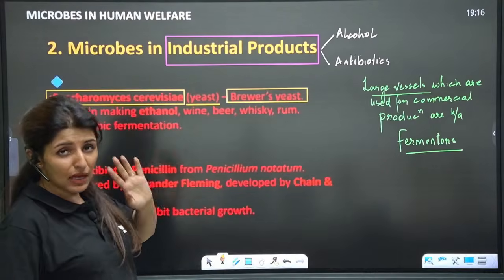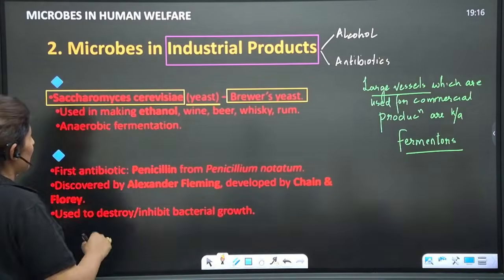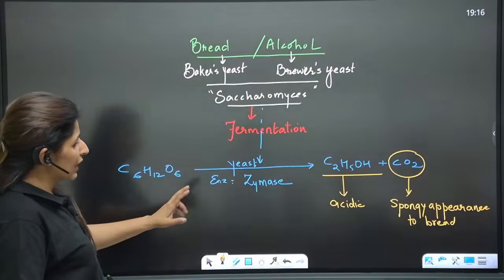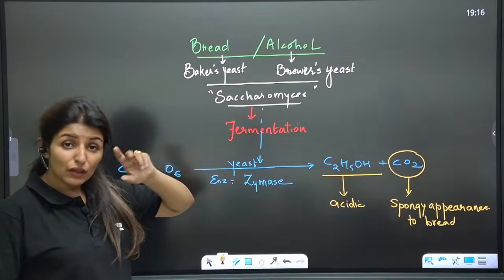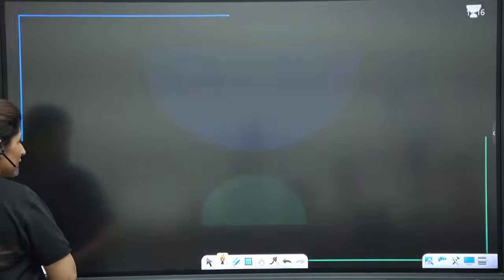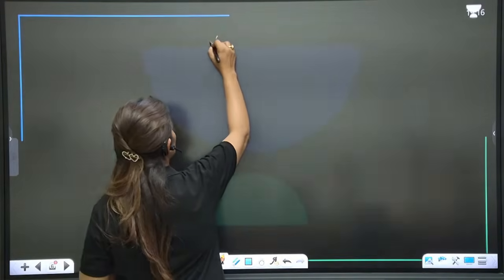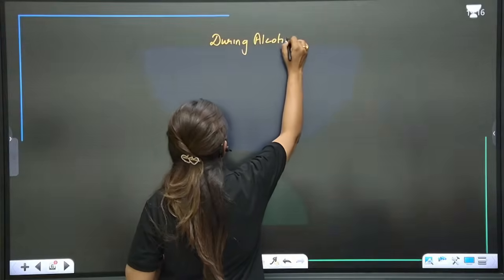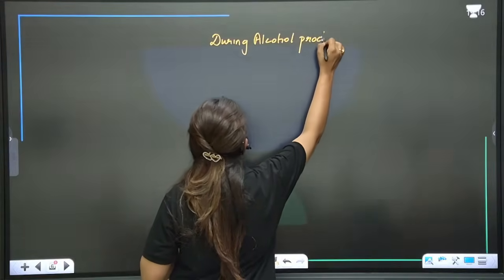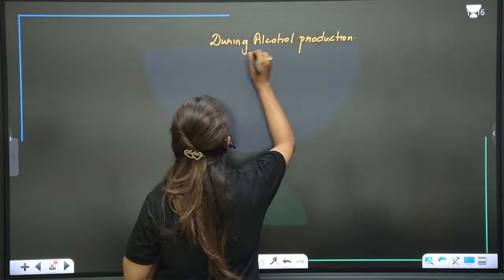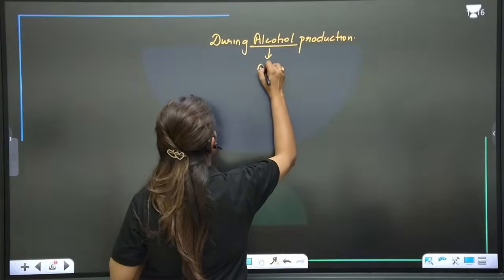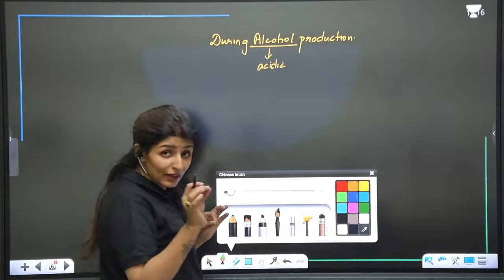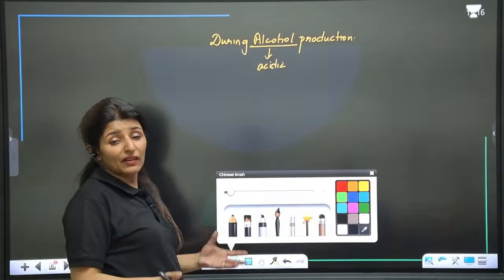Now the same process occurs here also, depending upon what process you are using. If I use the same process for alcohol production, now you have to understand here, during alcohol production, we know alcohol is acidic, right? So this acidic content of alcohol itself is enough to kill the yeast.